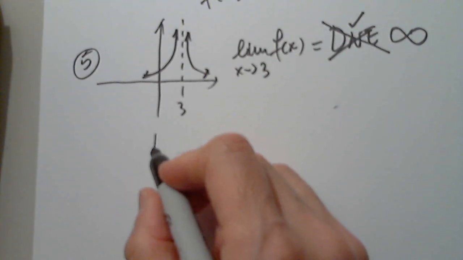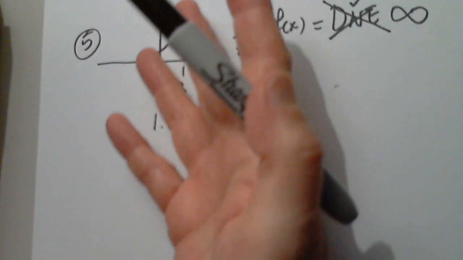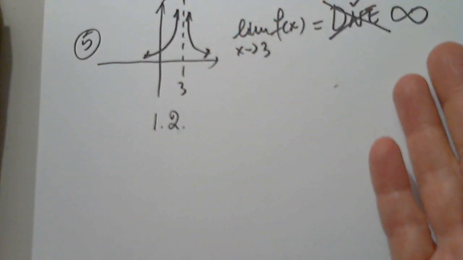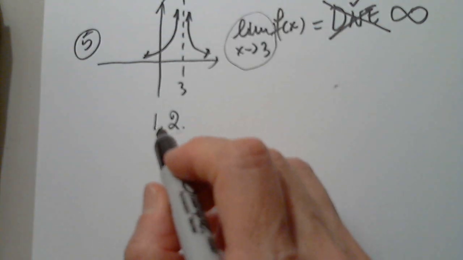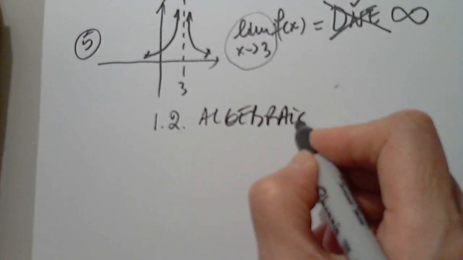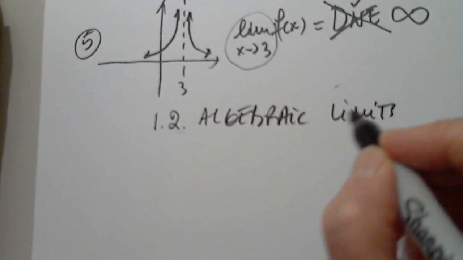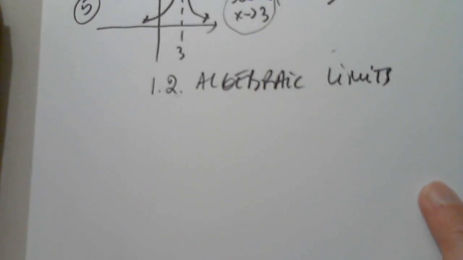So in section 1.2, we're going to talk about these were graphs. We try to understand what this operator is all about. But now we're going to look at algebraic limits. So this was with graphs, but now the algebraic limits.